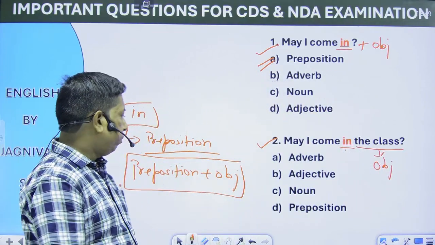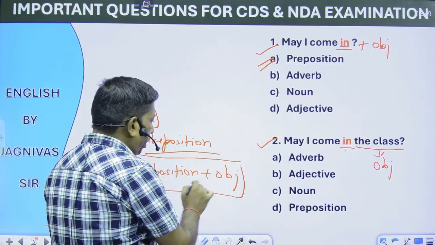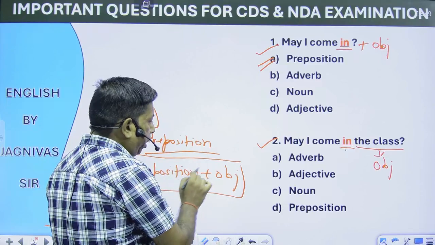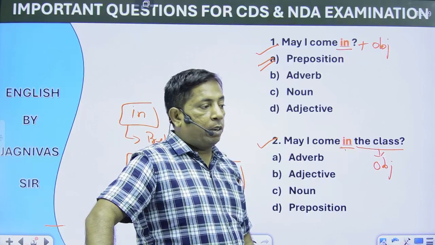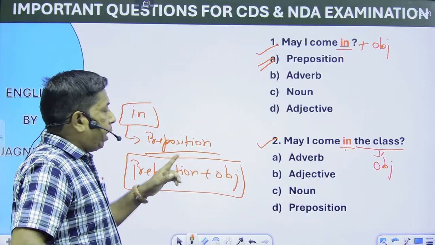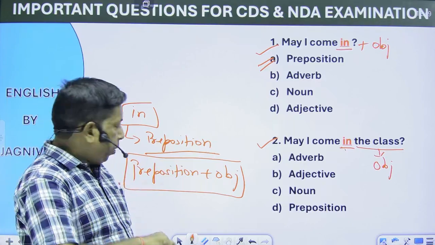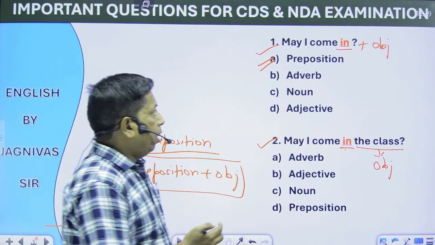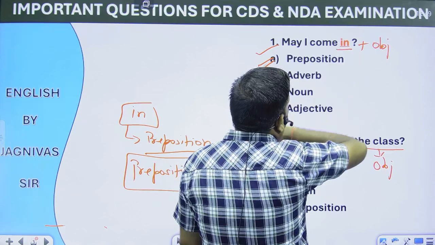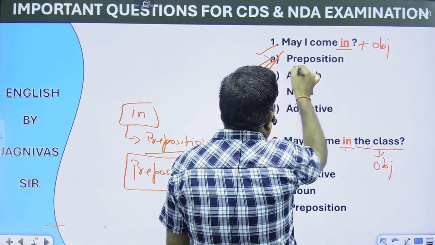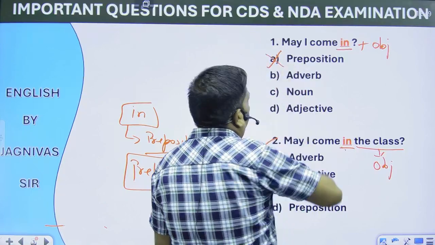So if a preposition is written without an object, there can be two things: either the sentence is wrong, or, if the sentence is not wrong, then the part of speech of that word will be changed. So here the part of speech of in is not preposition.